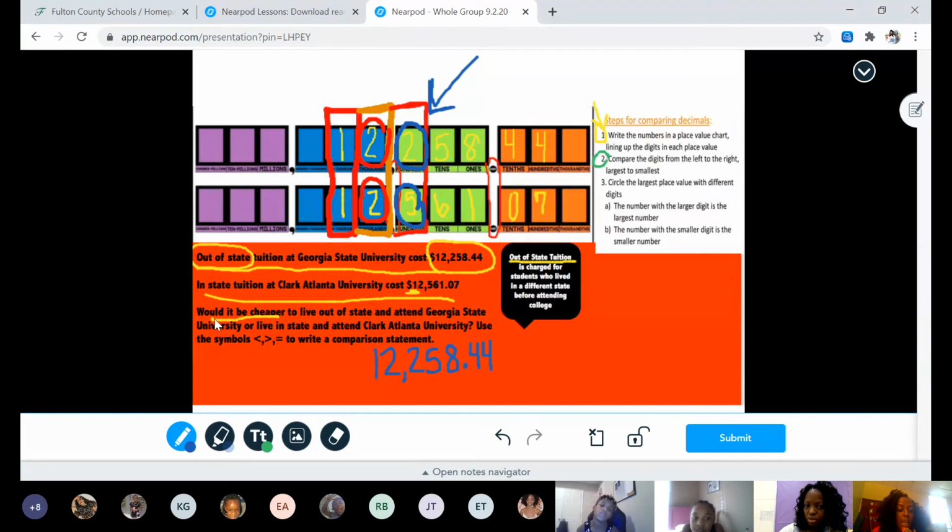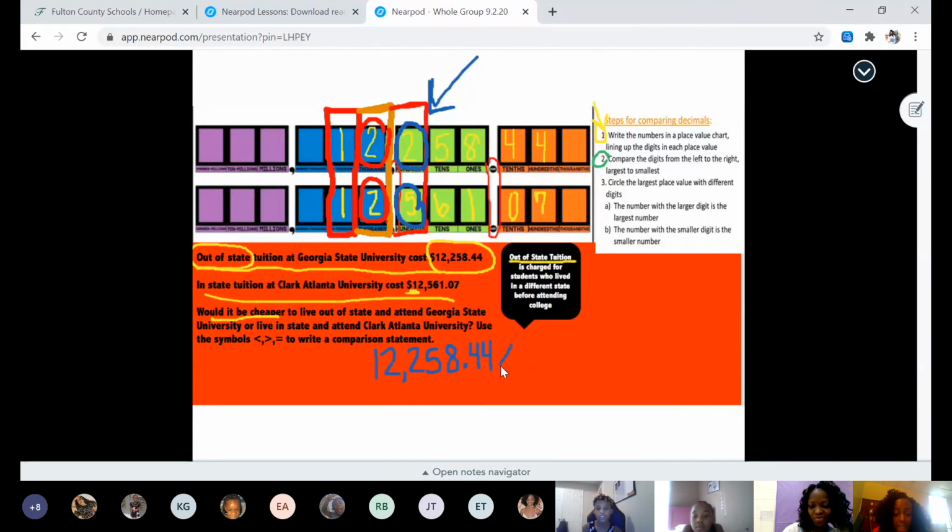So now, Josiah, let's think back to our question. Would it be cheaper to attend Georgia State or to attend Clark Atlanta? Georgia State. Yep, it will be cheaper to attend Georgia State. So for my comparison statement, do I need a greater than, less than, or equal sign? The less than?